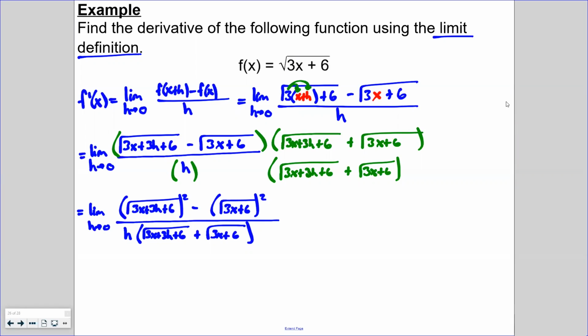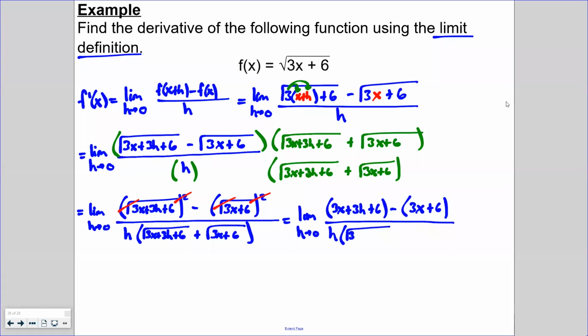All right, so then we can start simplifying. The square roots and the squares will cancel out, leaving us with the limit as h approaches 0 of 3x plus 3h plus 6 minus (3x plus 6) all over h times the square root of 3x plus 3h plus 6 plus the square root of 3x plus 6.